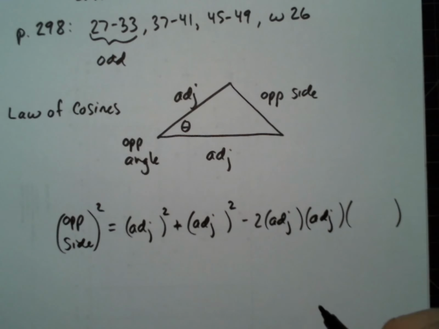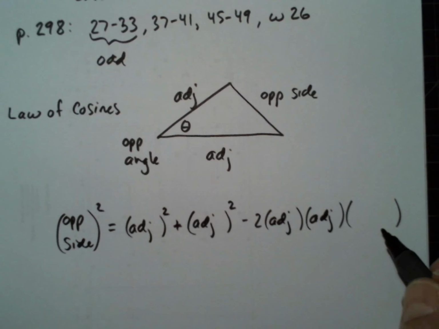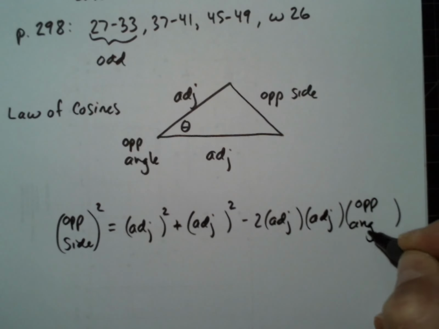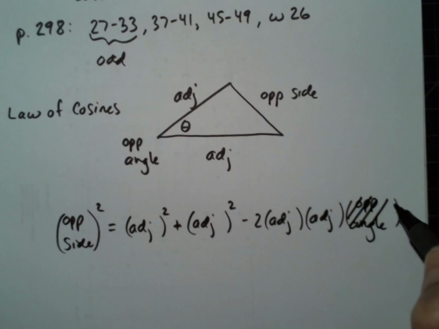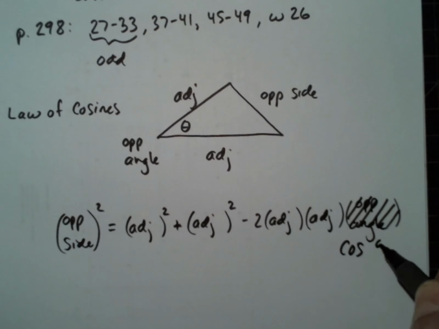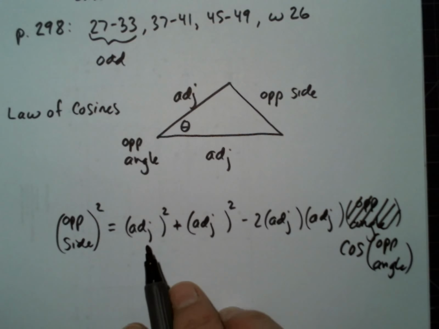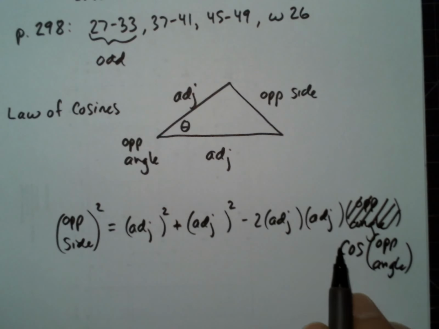These are squared. And then here we have an opposite side. At the other opposite end, we have the opposite angle. Oh, forgot something. That's cosine of the opposite angle. So adjacent squared plus adjacent squared minus 2 times adjacent times the cosine of the opposite angle.